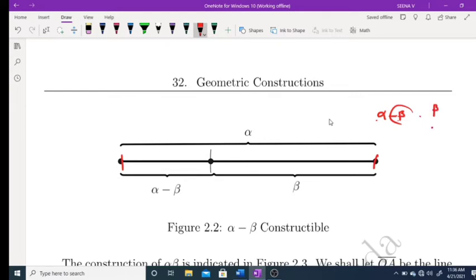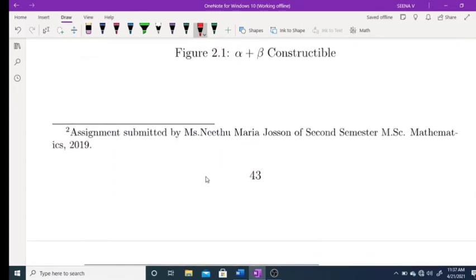In the compass, take the distance beta, put the compass needle here, and mark the length beta. That means the remaining part is of length alpha minus beta. Once beta and alpha are constructible, clearly we get alpha minus beta. Therefore, alpha minus beta is also constructible.